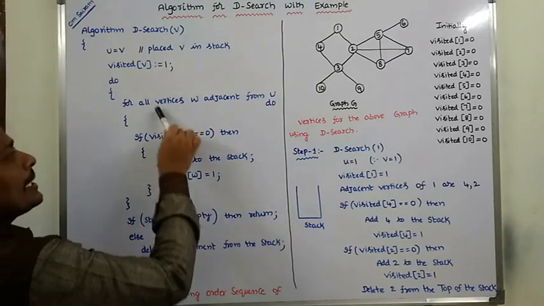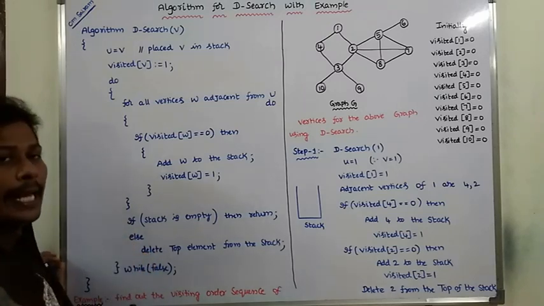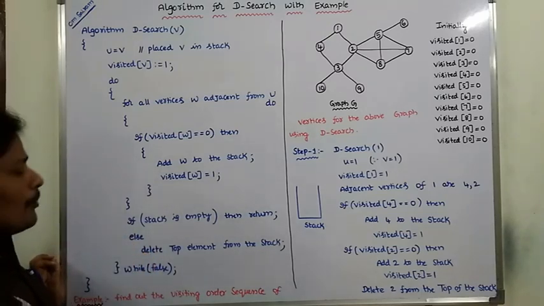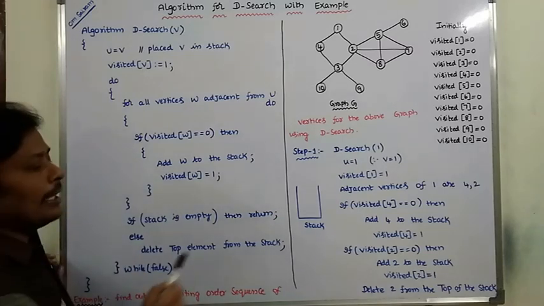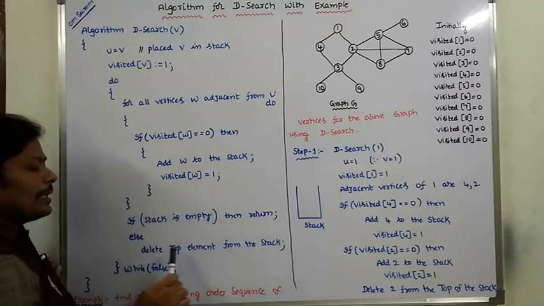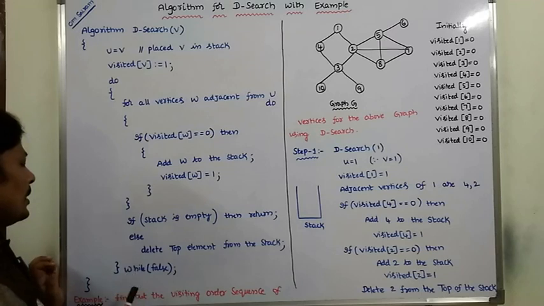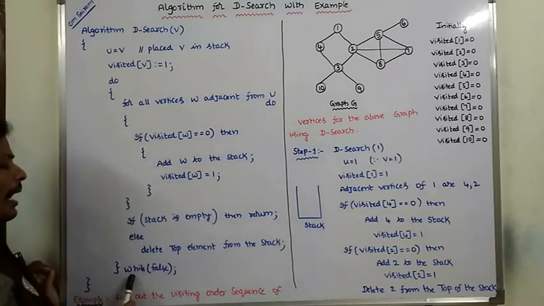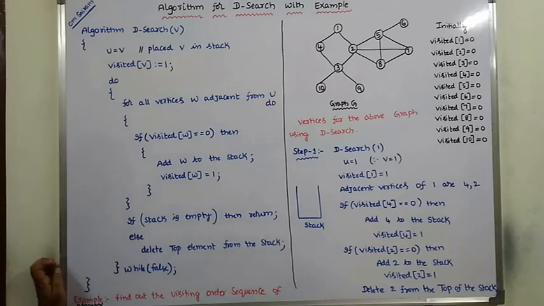Whenever this condition is false, go to the step after the for loop. If the stack is empty, return; otherwise delete the topmost element from the stack. This procedure is repeated until false. So this is the D-search algorithm.